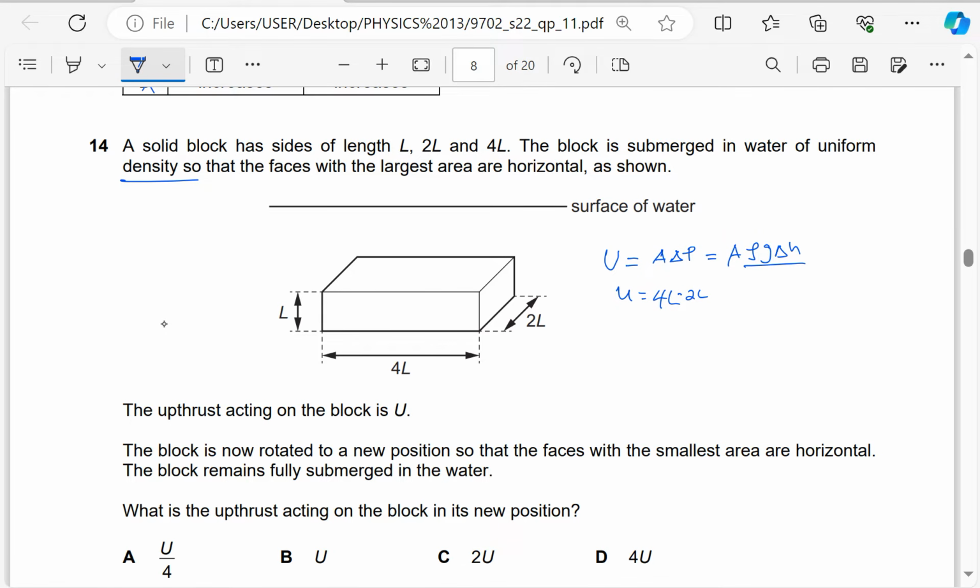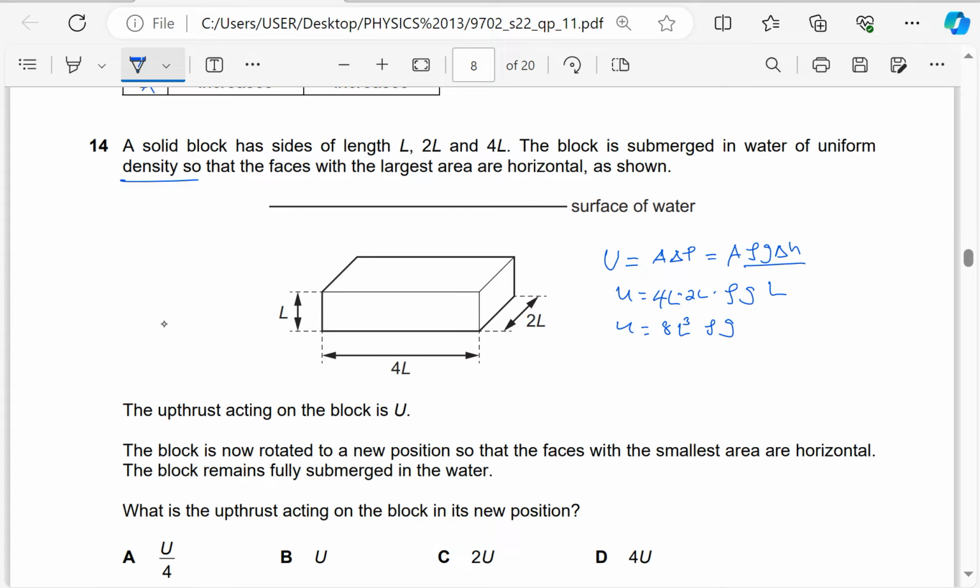That is the area over which the water is exerting a force. Then times density, and the change in h is simply L. So U is going to be 8L cubed times density times g.